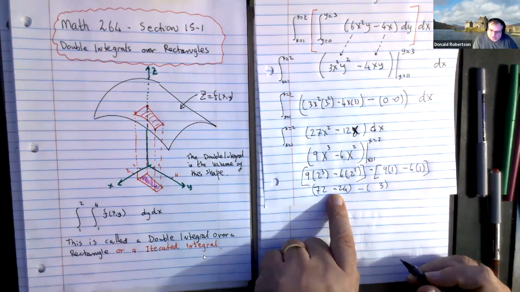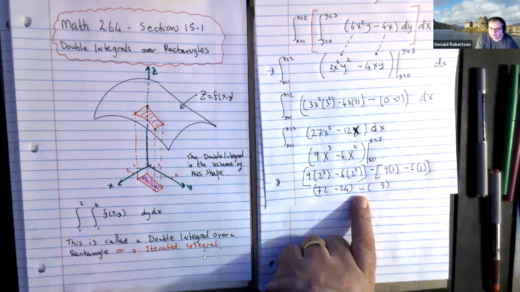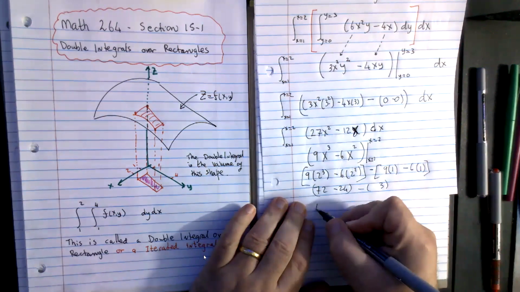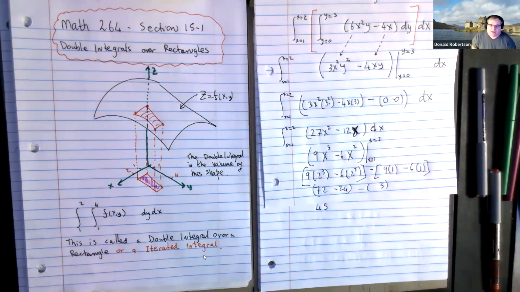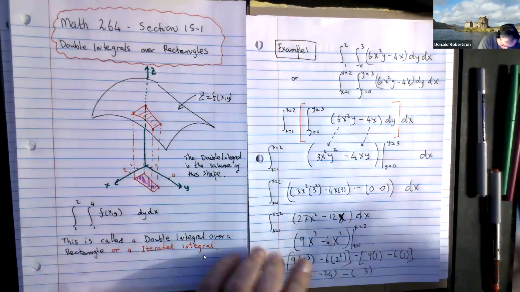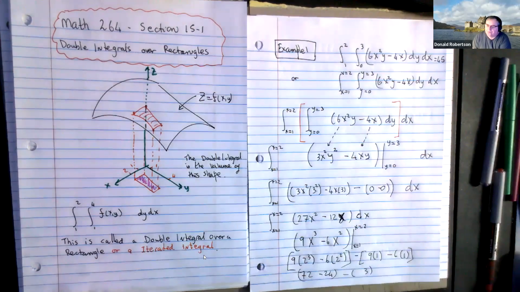So 72 take away 24, take away another 3. What's that going to get me? 72 take away 27. Okay, 45. Thank you. Too late in the day for my brain to do that right. So the double integral, the answer is equal to 45.